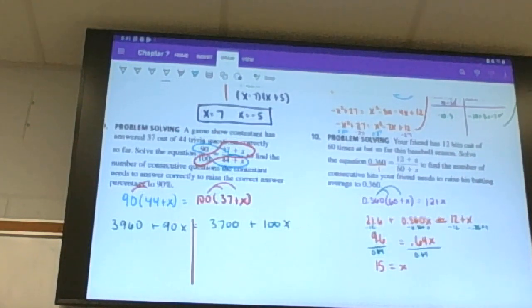0.2 or 200. And he wants 360. So they're saying if he just hits every ball for the rest of the season, when will he get up to his goal? So far 12 out of 60. He'll have to hit the next 15 correctly to move his average up.